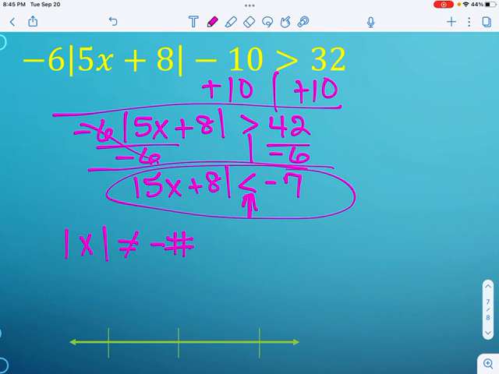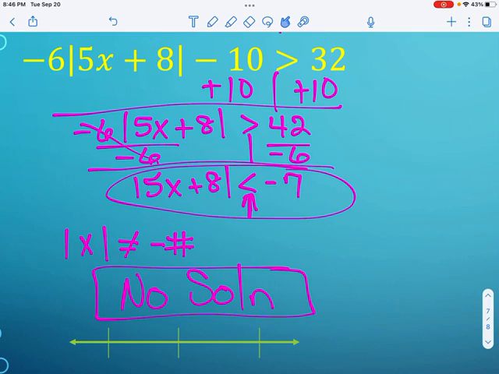Well, if you think, less than a negative means it goes further negative. It goes further in the hole, further borrowed, that type of thing, in debt. So when you think of that, absolute value is always positive because it's a distance. So when we say the absolute value is less than negative 7, that is actually going to be no solution because you cannot have an absolute value less than a negative. And that's where we would stop on that.